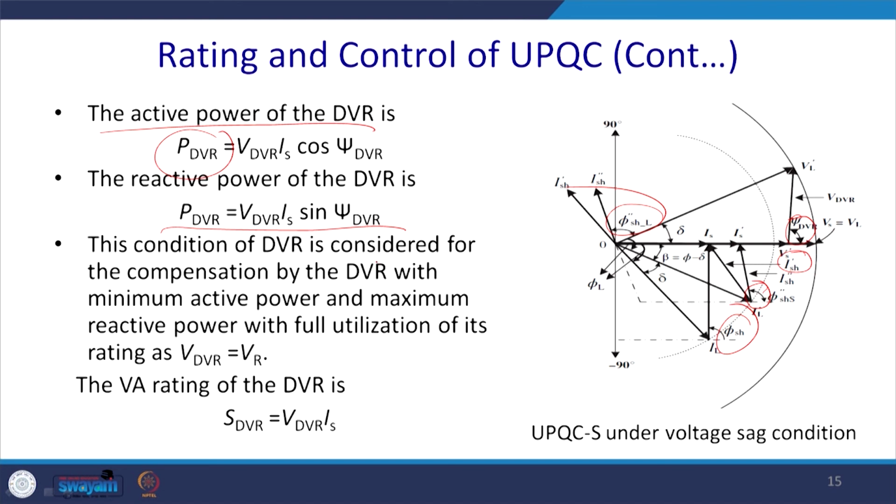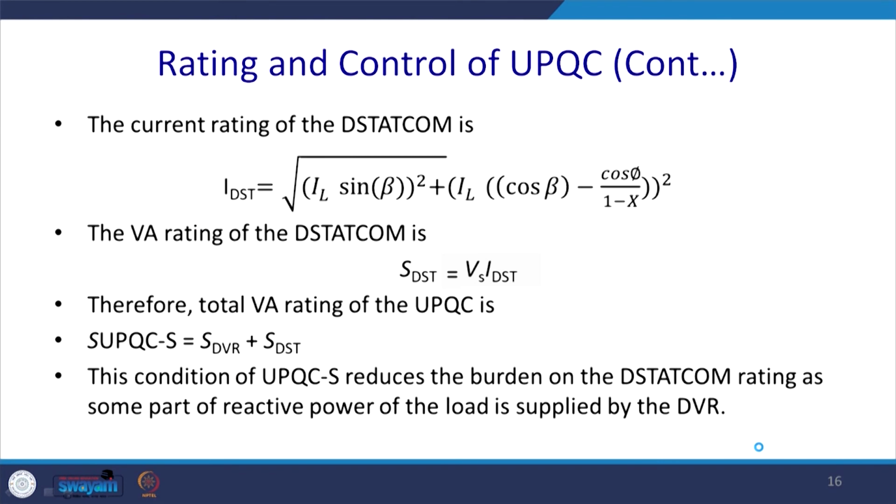This condition of the DVR is considered for compensation by the DVR with minimum active power and maximum reactive power, with full utilization of the DVR rating, that is V_DVR equal to V_DVR rated, and the VA rating of the DVR is V_DVR into I. From there we can say that the current rating of the D-STATCOM is the square root of Is sin beta squared plus IL cos beta minus cos phi by (1 minus x) squared, where x is the amount of the sag, and the VA rating of the D-STATCOM is Vs into I_DST. So, the total rating will be the DVR rating plus the D-STATCOM rating.